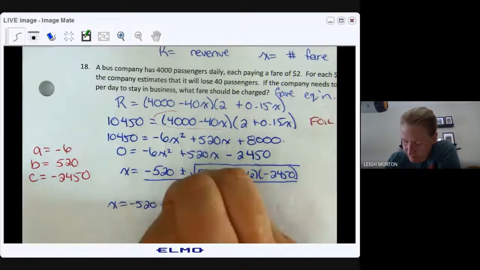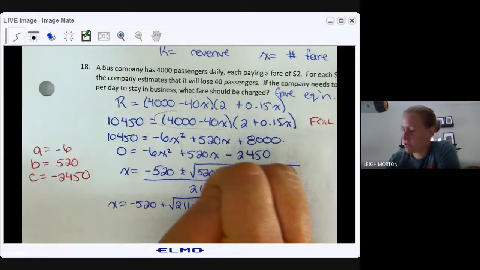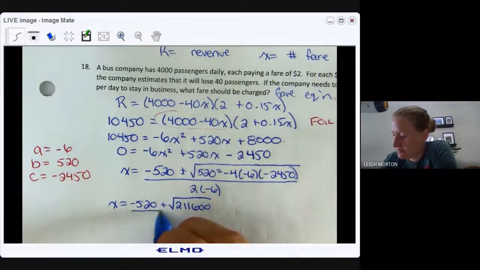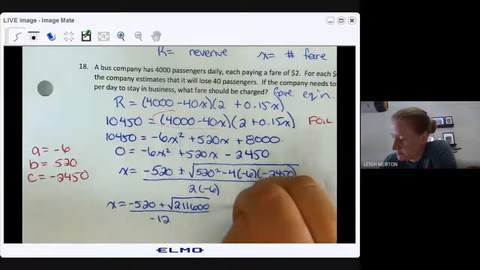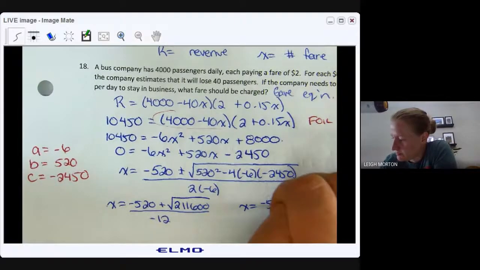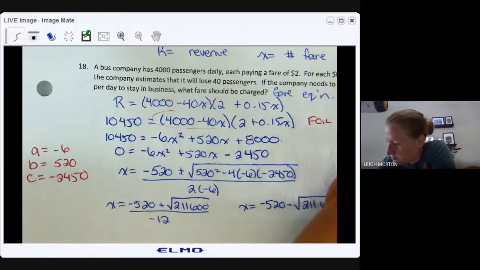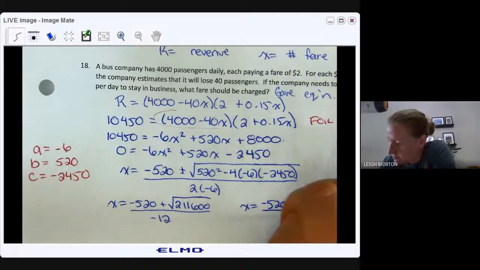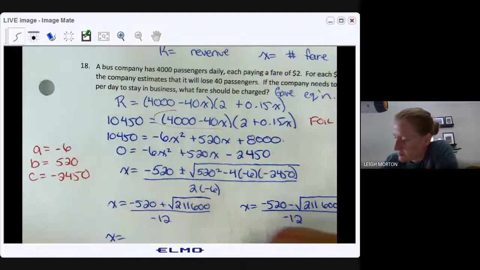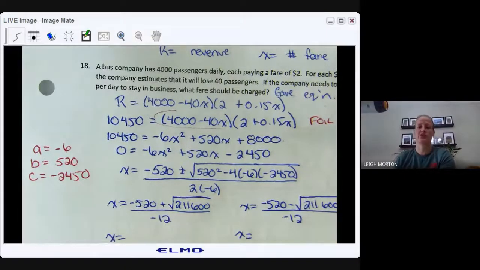Whoa. My discriminant value is 211,600. Let's figure out our two x values.